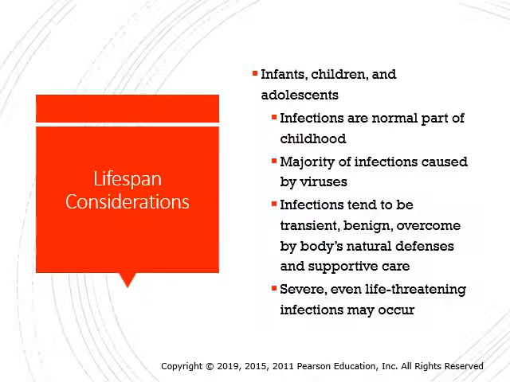Infants, children, and adolescents. Infections are a normal part of childhood, okay? The majority of infections we see in this age group are caused by viruses. Infections in these age groups tend to be transient, benign, and overcome by the body's natural defenses and supportive care, okay?